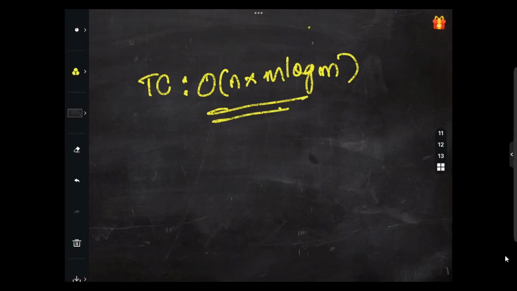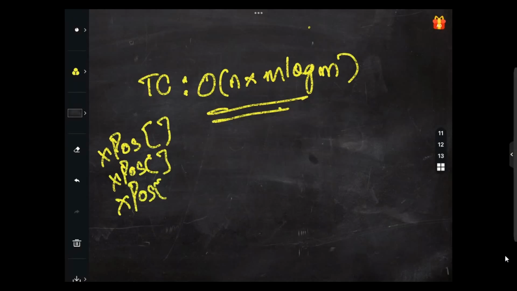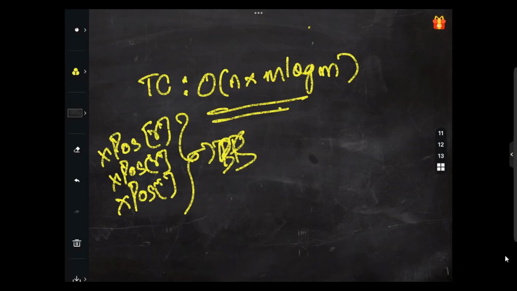Because we'll be making use of binary search on the exposition. If you remember, we went with three expositions initially. So we will be performing binary search, not the DP, on the exposition of R. This may be any value, just consider R for now.